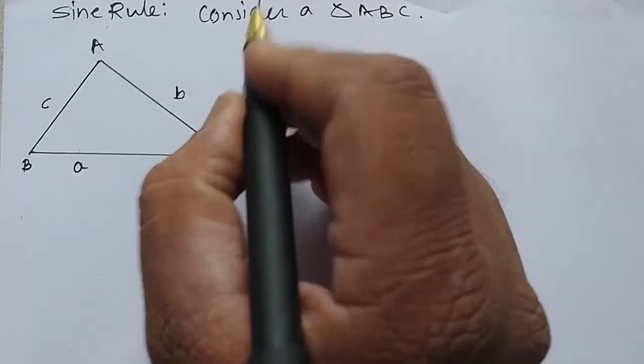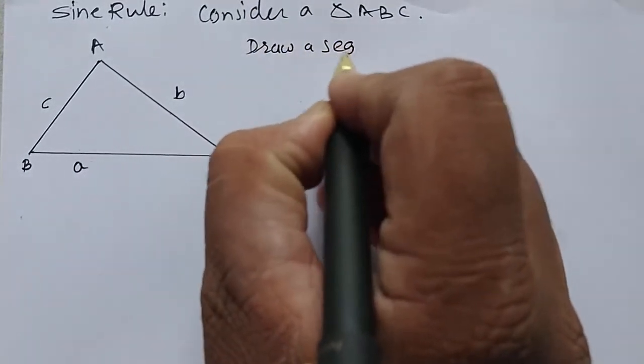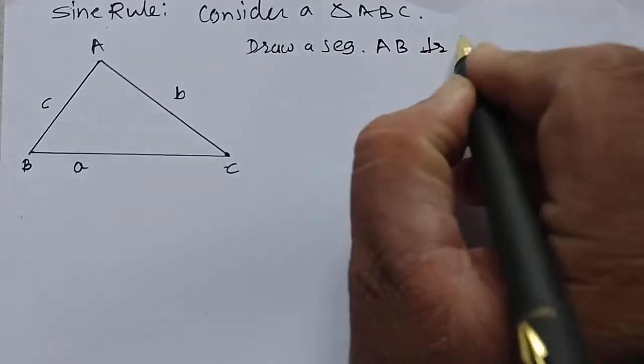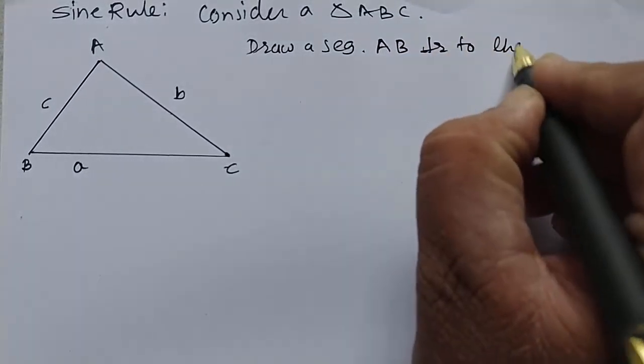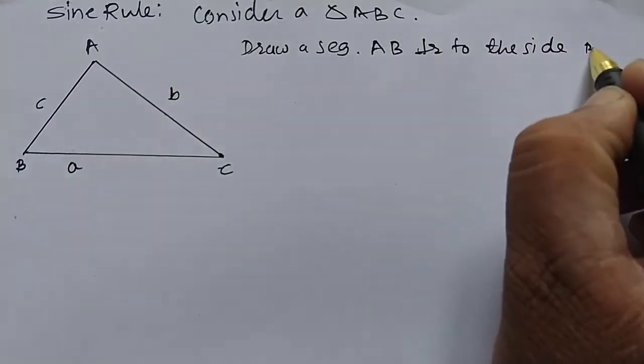Now, draw a segment AD perpendicular to the side BC.